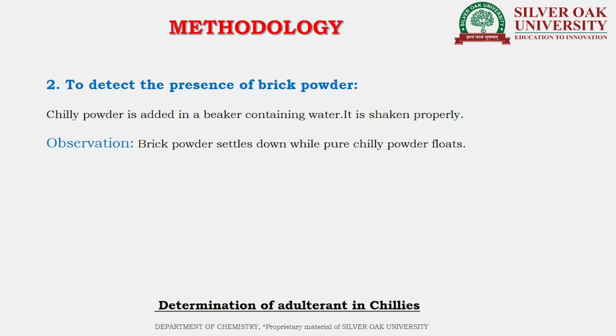Next method is to detect the presence of brick powder. Chili powder is added into a beaker containing water. If brick is added to the chili powder, then the brick powder will settle down while the chili powder will float. Let us perform the practical and see the observation.